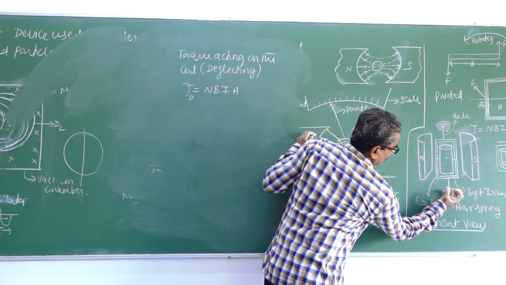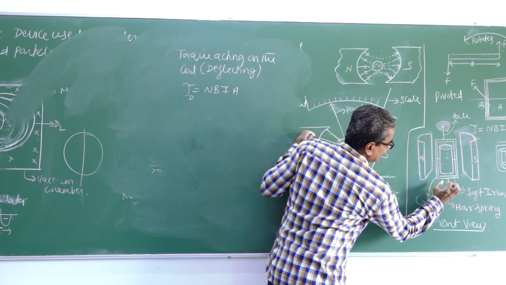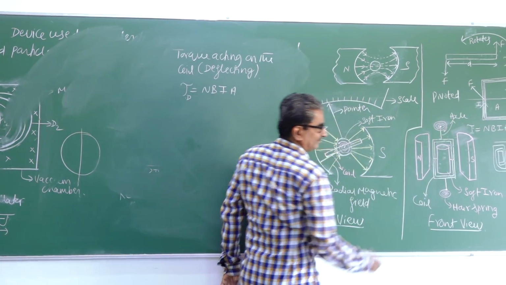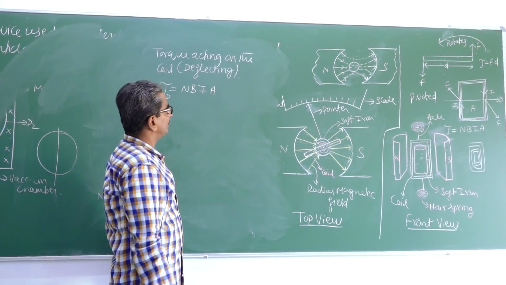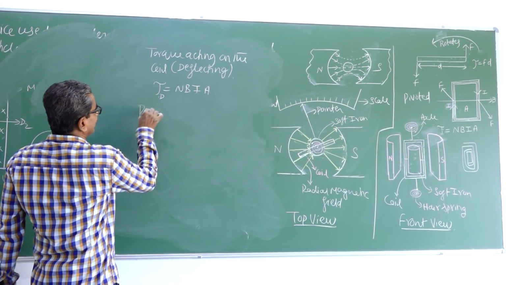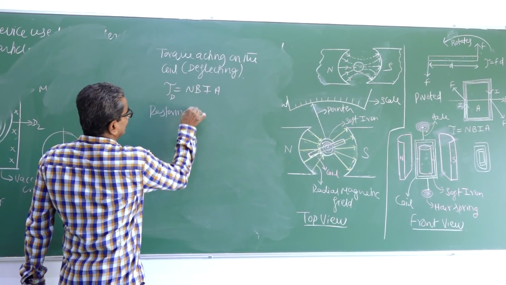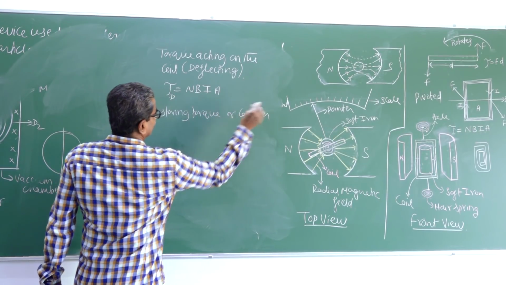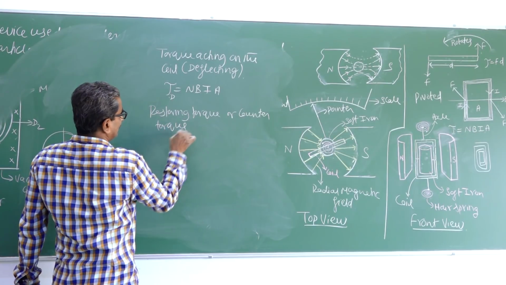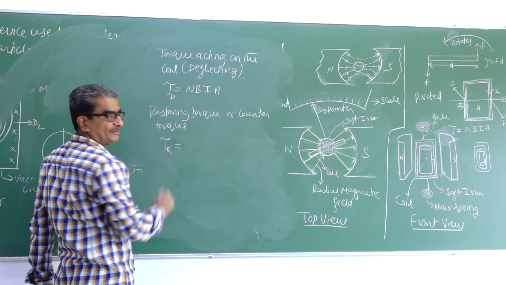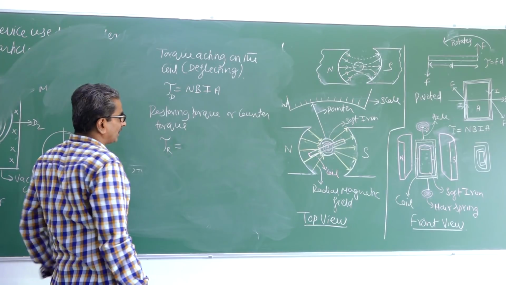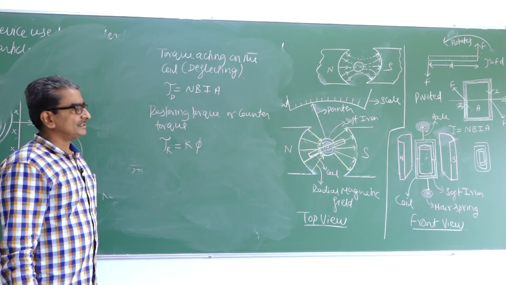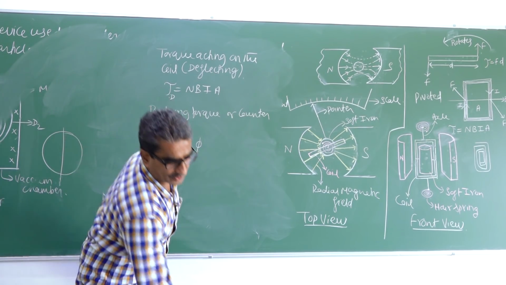Because of the twist of the spring, one more torque will act on the same coil. That is nothing but the restoring torque, or counter torque, which is given by tau r equal to k into phi.